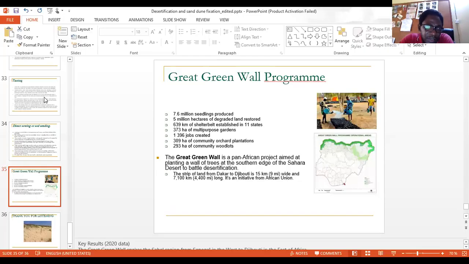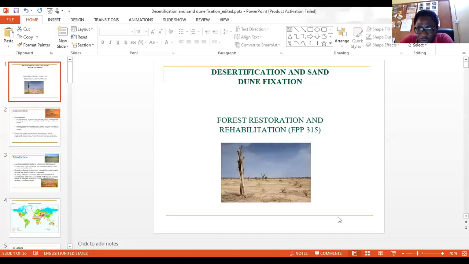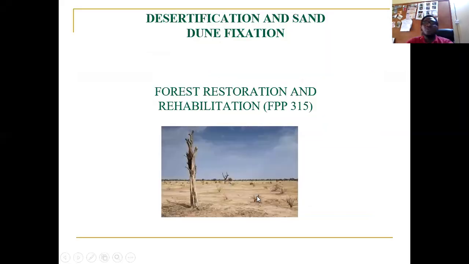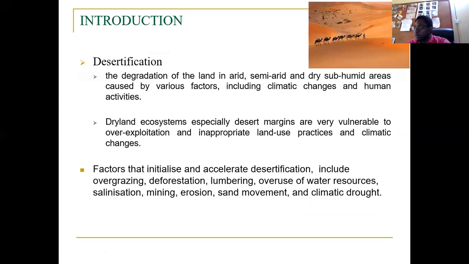So today we want to talk about another very interesting topic. We want to look at desertification and sand dune fixation. So desertification is a process that results in the degradation of land, particularly in arid, semi-arid, and dry subhumid areas, usually caused by various factors.